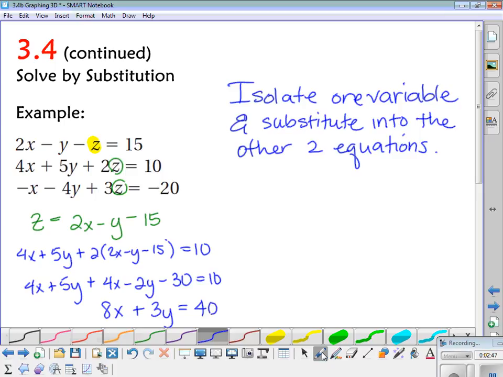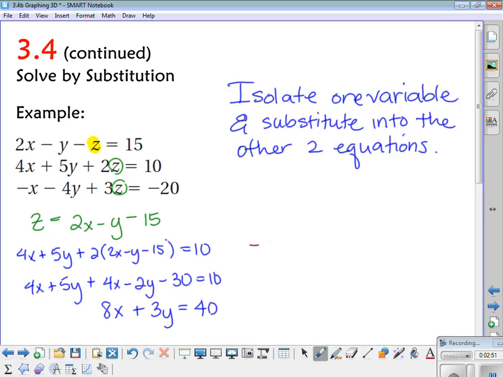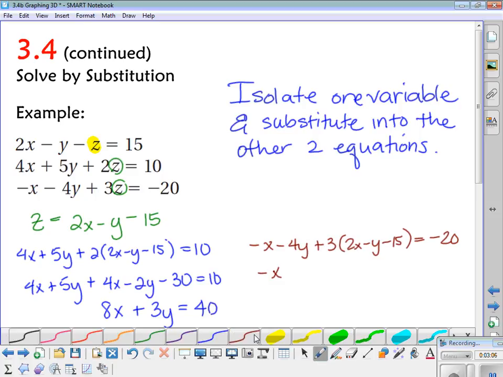Now I have to do the same thing with the last equation. I've got negative x minus 4y plus 3z, so I write 3 times the 2x minus y minus 15, and that equals negative 20. All right, let's see here, where was I?